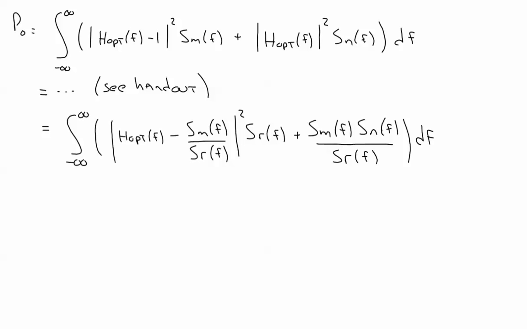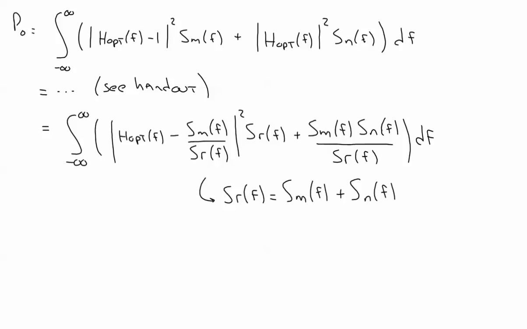All right. In this relationship, S_R of f is the message power spectral density added to the noise power spectral density. Okay?